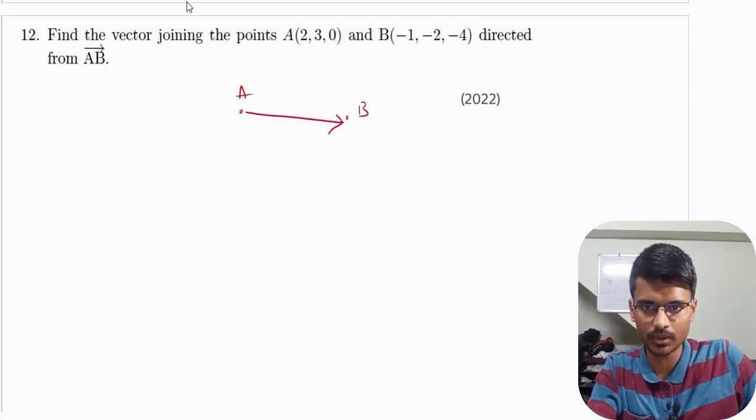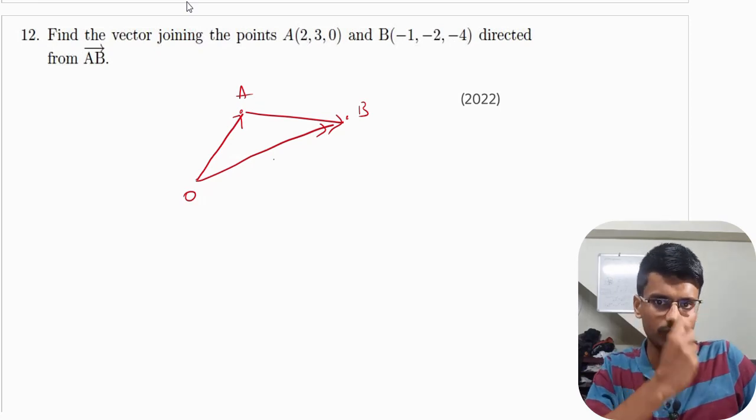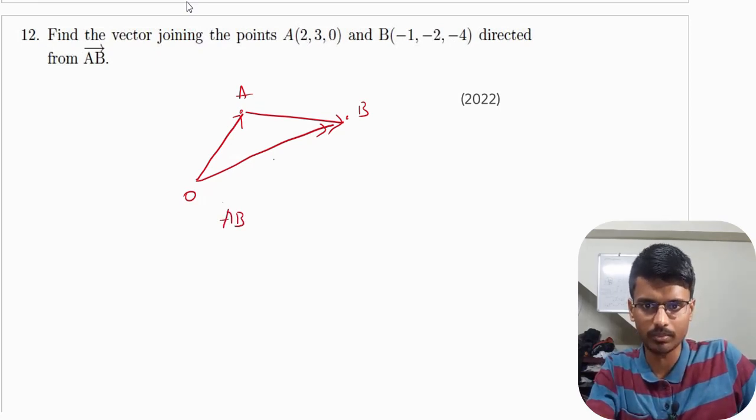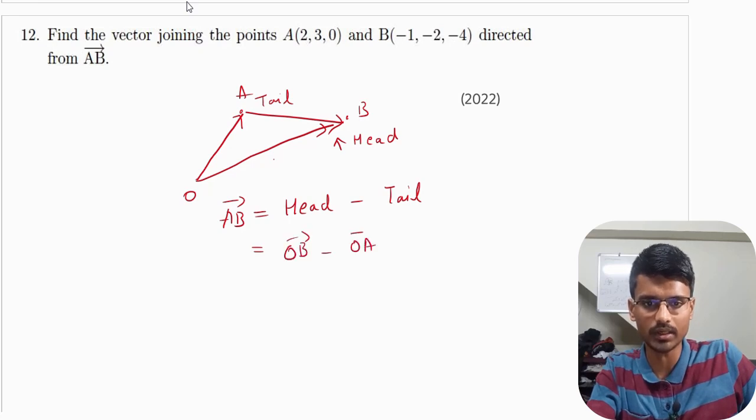Let us say we take our origin O here. This is our OA and this is our OB. If you observe vector AB, this is the head and this is the tail. Head minus tail. Head is B. Position vector of head is OB. Position vector of tail is OA.